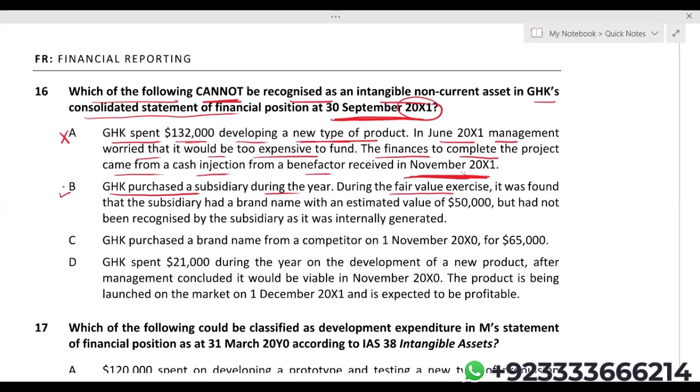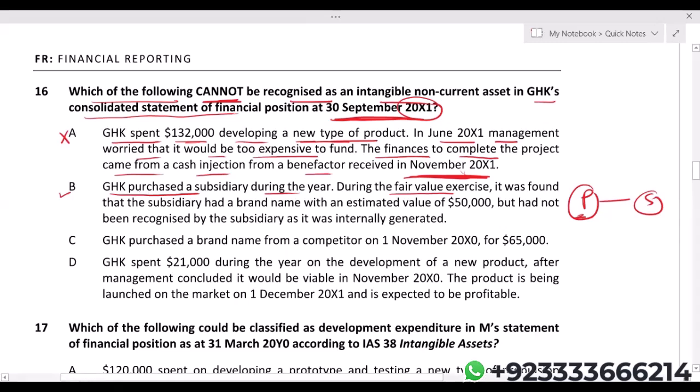But listen carefully. When the parent is acquiring a subsidiary, and experts of the parent assign a value to the brand, and the fair value of that brand is determinable at acquisition, then we will recognize that brand and take it as a fair value adjustment in group accounts.